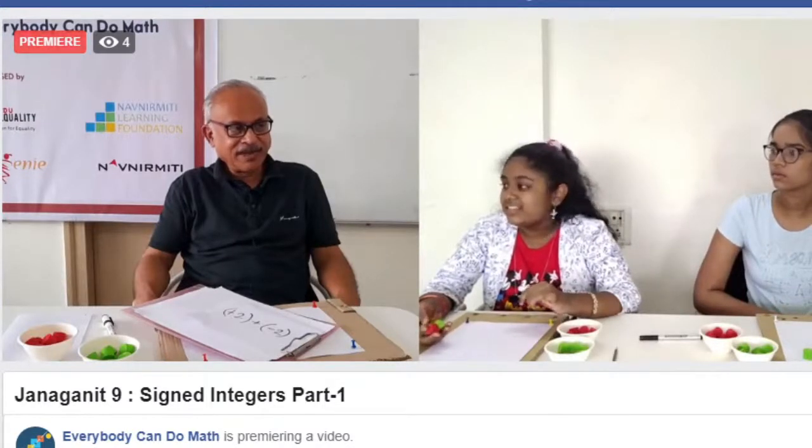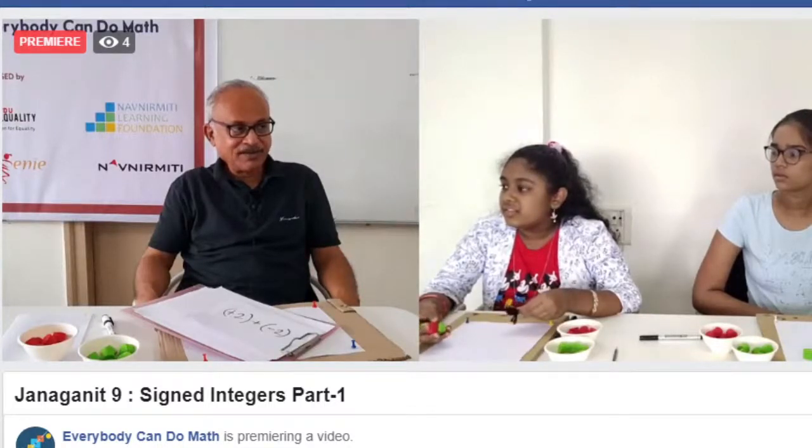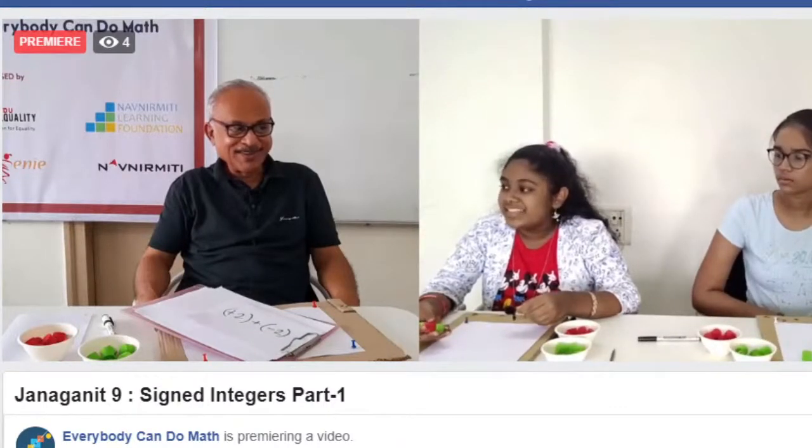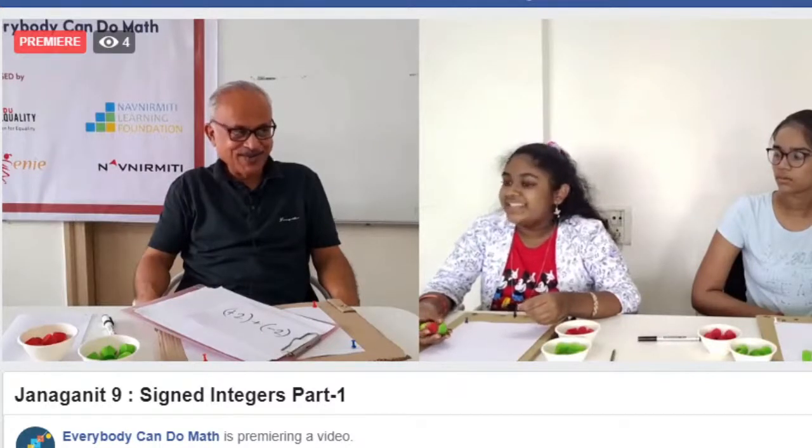Yes. Is it minus 1? Yes. Can it be both plus 1 and minus 1? 0. So is it plus 1? No. Is it minus 1? No. So what is it? 0. So what you have in your hand is 0.